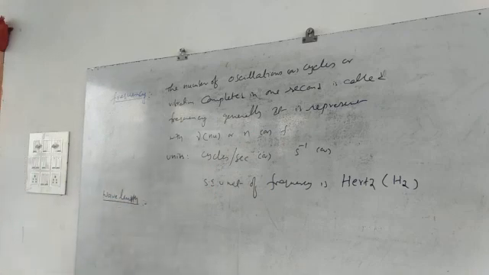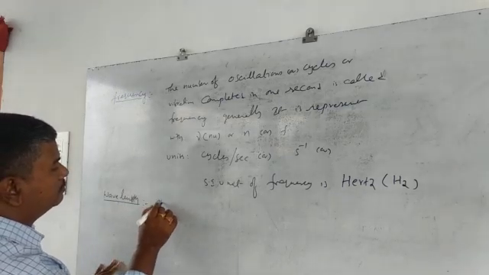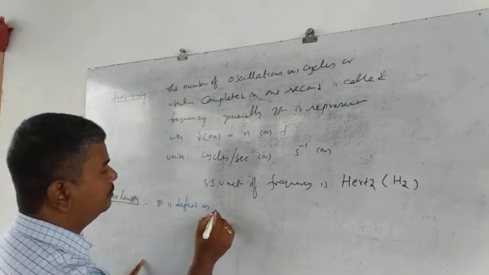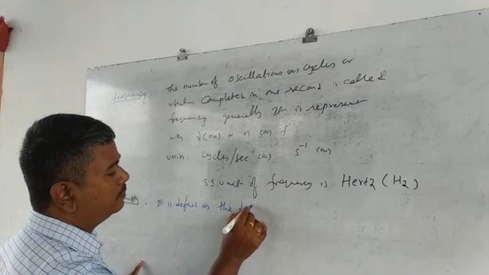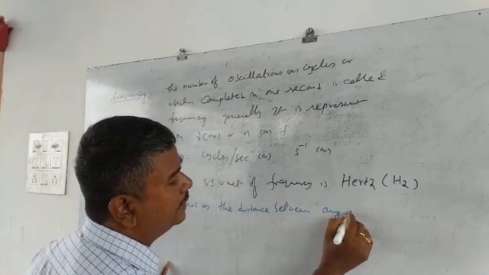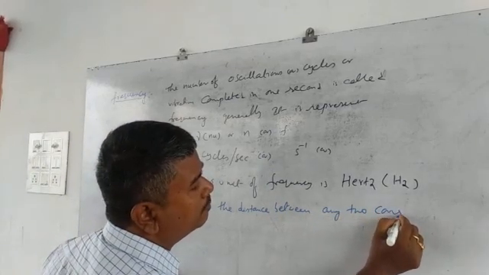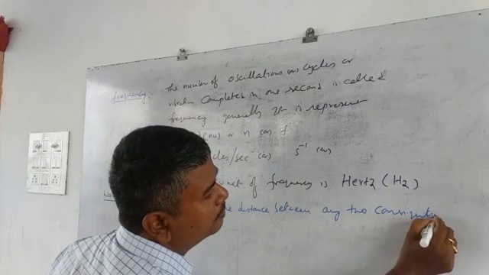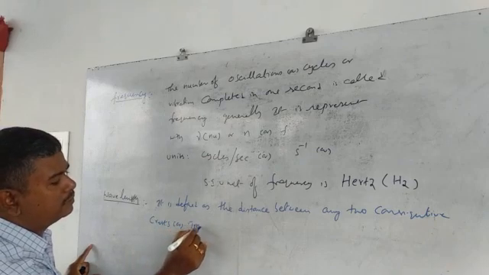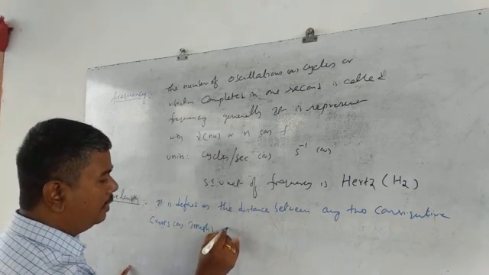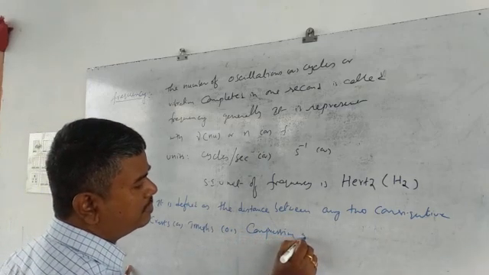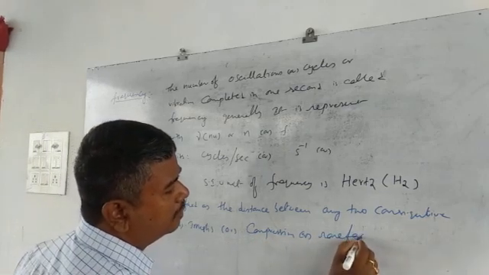So wavelength is defined as the distance between any two consecutive crests or troughs or compressions or rarefactions.